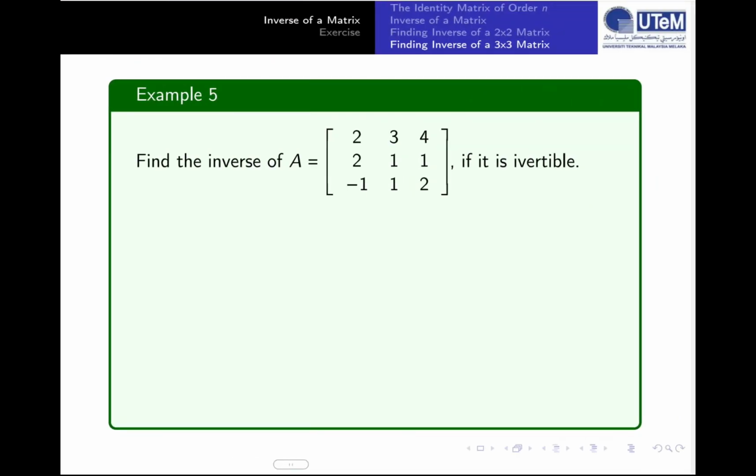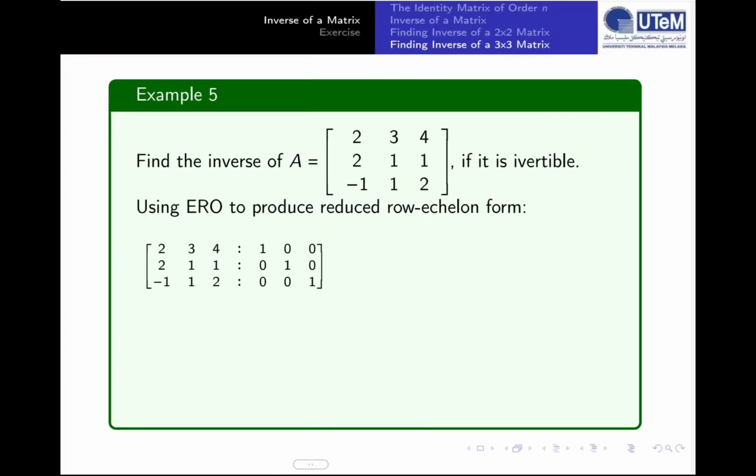Now let's look at the example. If we want to find the inverse of a matrix A by using the Gauss-Jordan elimination method, first we must set up the augmented matrix using ERO.